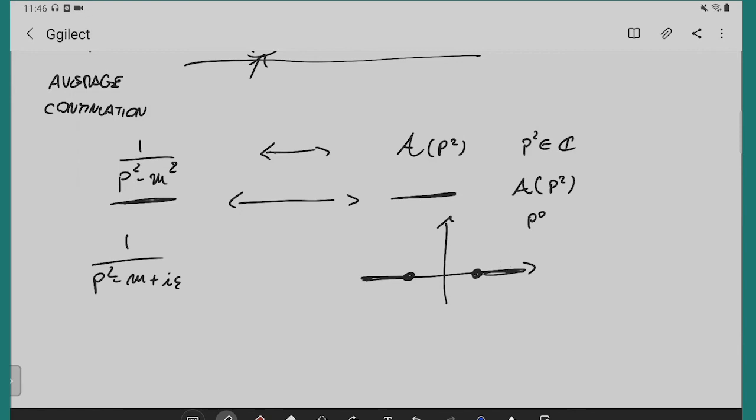If all the propagators that you use to build your amplitude are prescribed with the Feynman prescription, this means that you go from above on this side and from below on this side, above and below the branch cut. This is the Wick rotation. And this is how you define your amplitude that I'm going to call A+, which means that it has p squared plus i epsilon.